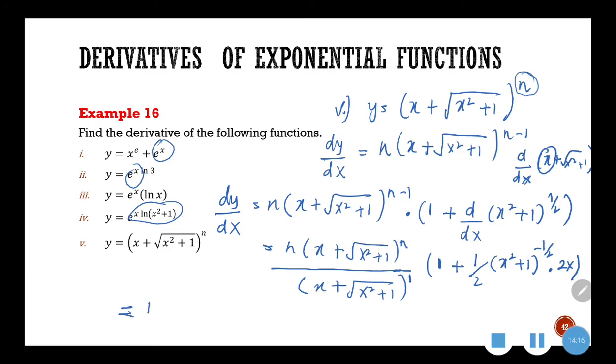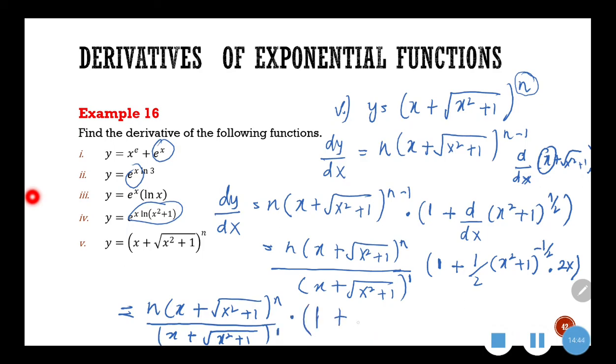Ataupun you can boleh tulis cantik-cantik sikit, you have x tambah dengan square root of x squared plus 1 everything to power of n over x plus with x squared plus 1 power of 1 darab dengan 1 plus with 2, and these 2 you may cancel, over x over square root x squared plus 1.